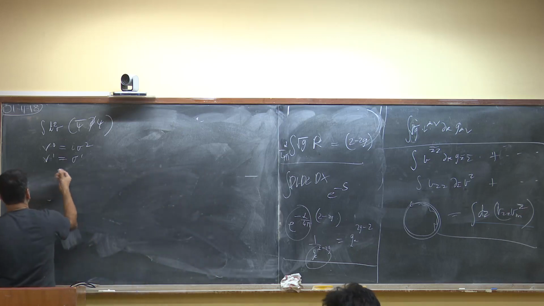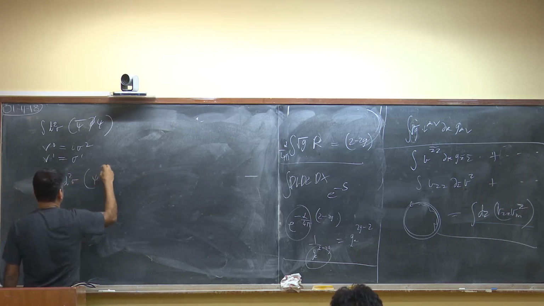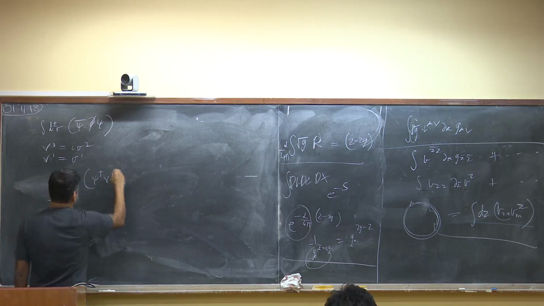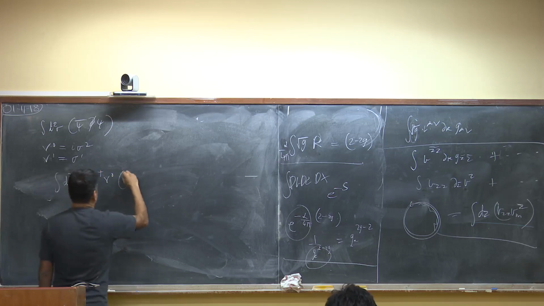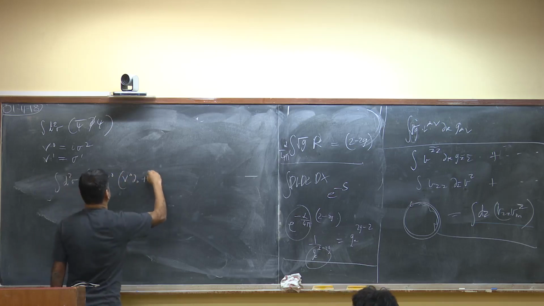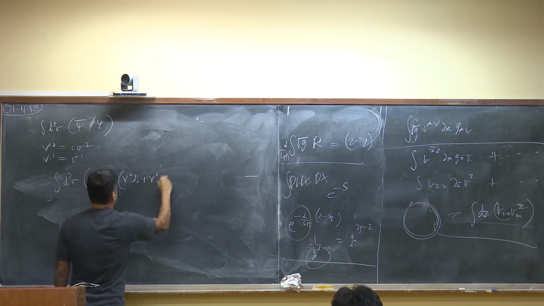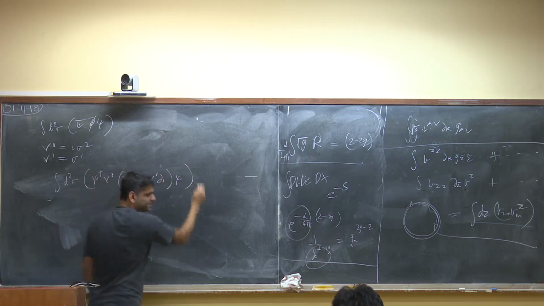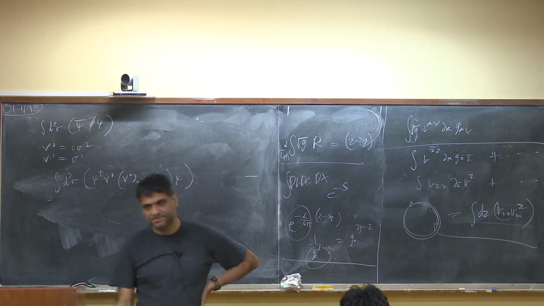So this was the integral d2 sigma psi dagger gamma 0 del 0 plus gamma 1 del 1 psi. This was the Lagrangian.